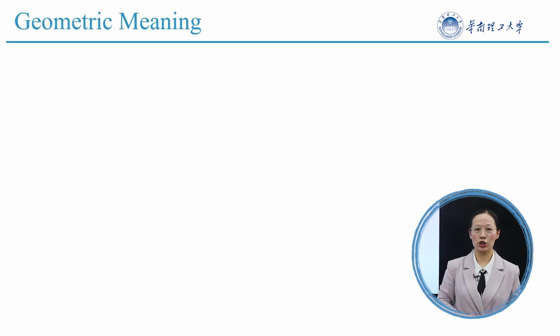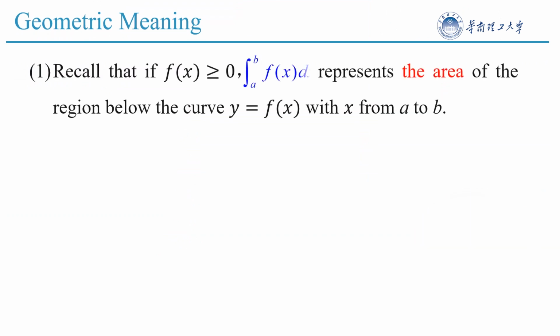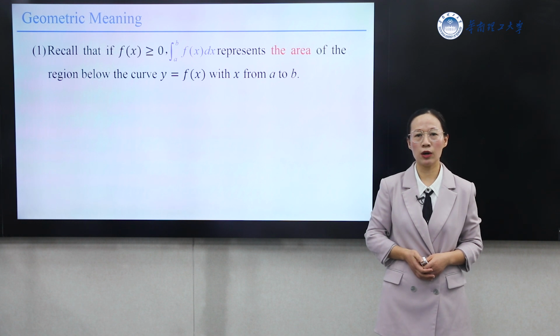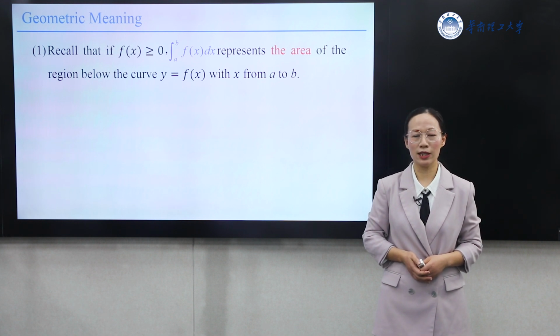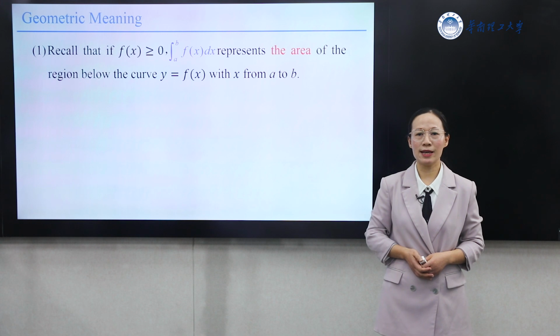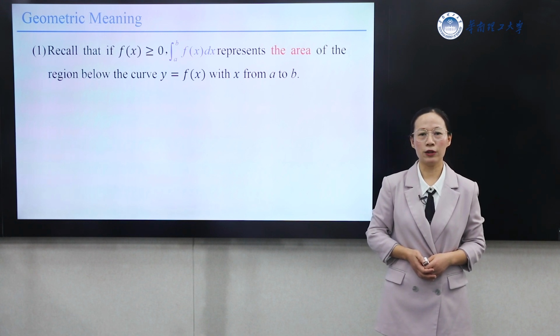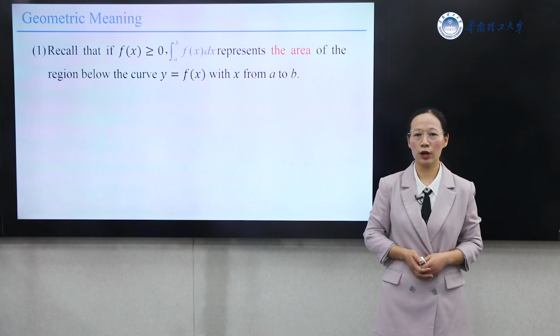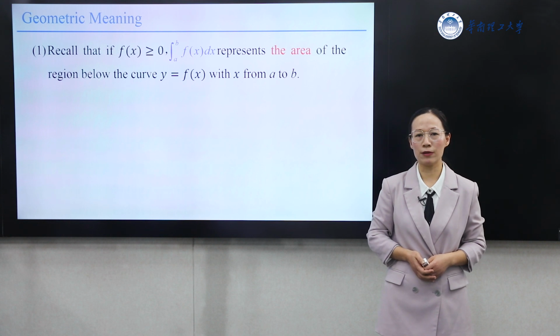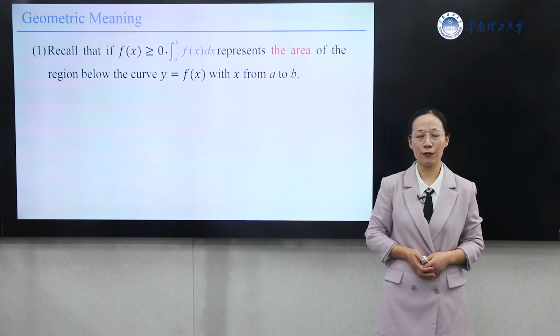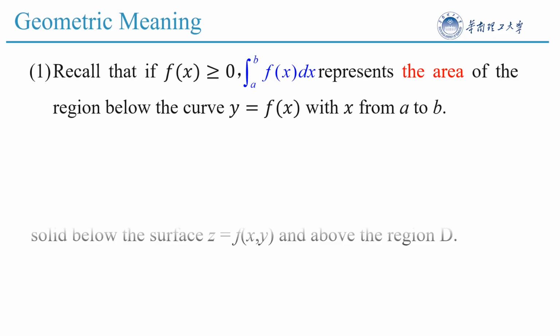Now we see the geometric meaning of double integral. Recall that if f(x) is greater than or equal to 0, the definite integral of f(x) over the interval [a,b] represents the area of the region below the curve y equals f(x) with x from a to b.